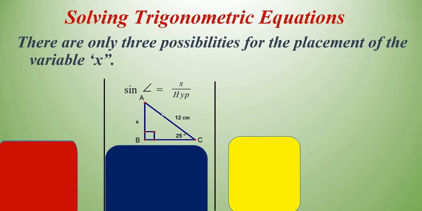To solve this triangle and get the length of AB, we have angle C. Using sine, sine equals opposite over hypotenuse, which means sine 25 equals x over 12. Cross multiplication gives us the length of x. Let's try to solve it.